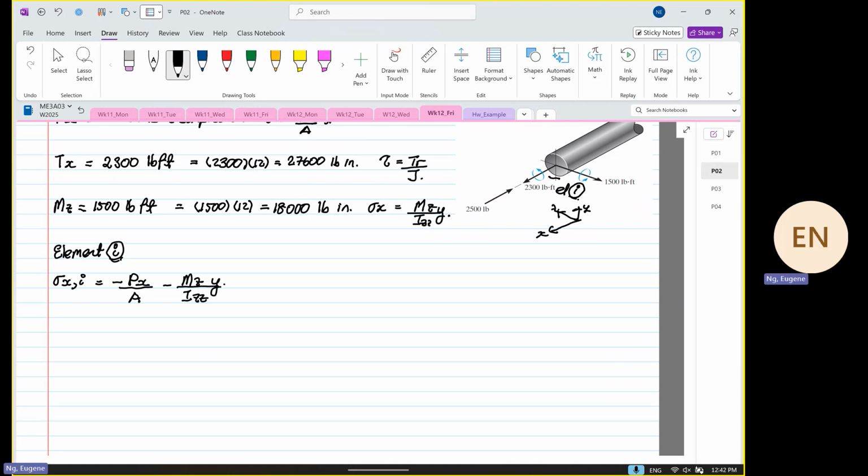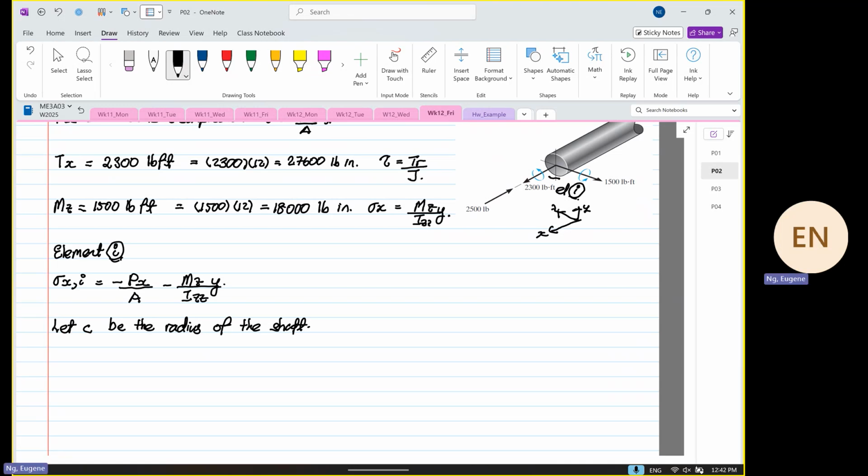We are going to let C be the radius of the shaft.